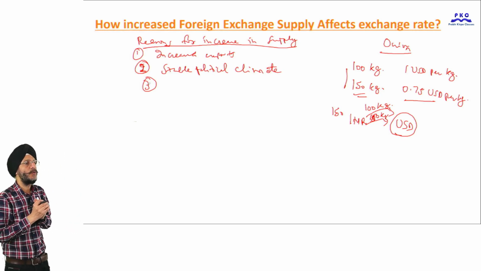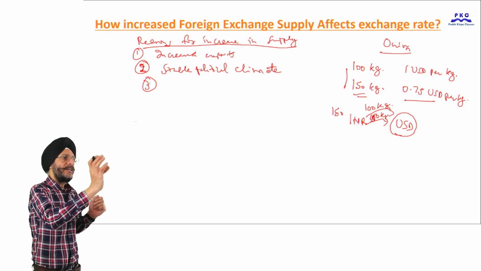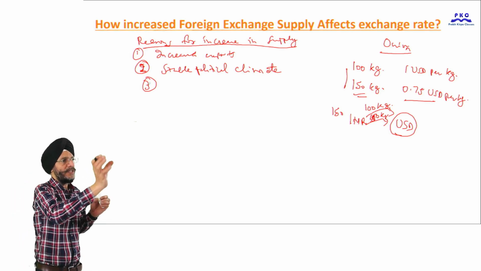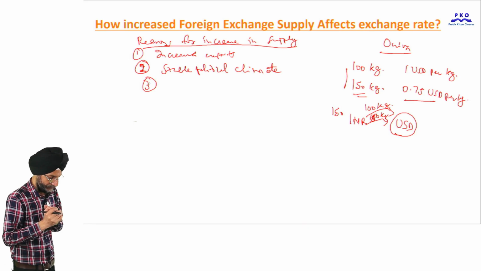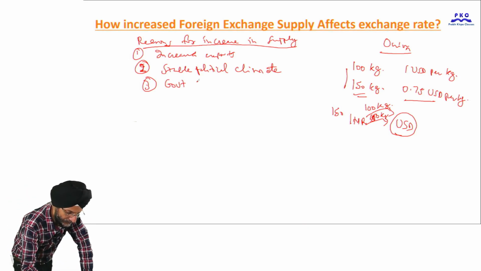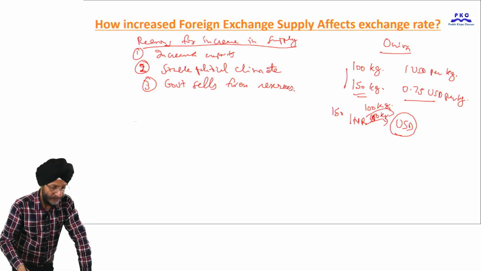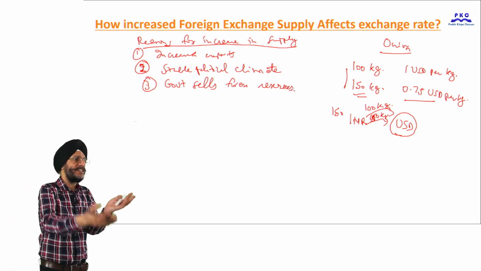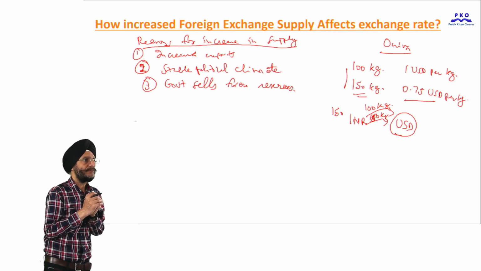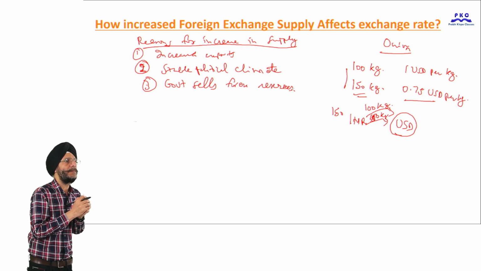It may also be possible that, as you know, every government has foreign exchange reserves. If the government of the country sells the forex reserves it holds, what will happen? The supply of foreign exchange will increase. So these are certain reasons why foreign exchange supply increases.